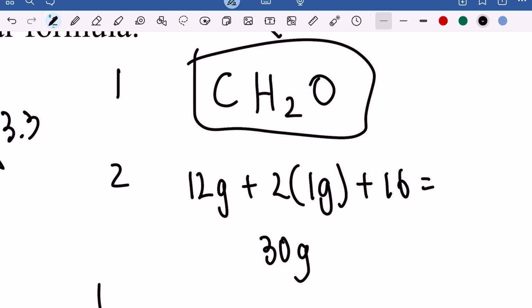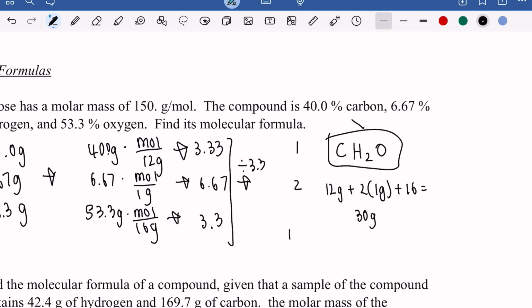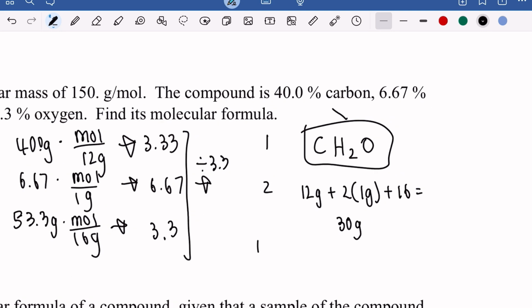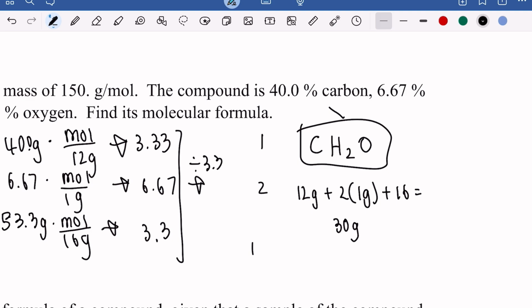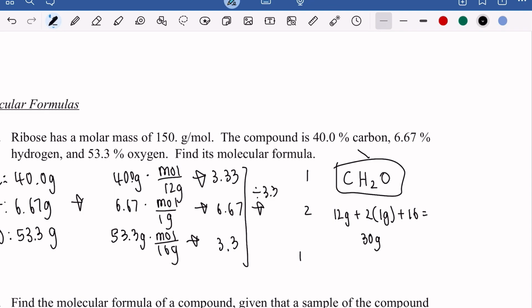And now we have to find the ratio from the molar mass of the compound to the empirical formula, which is 150 grams over 30 grams, which is 5.